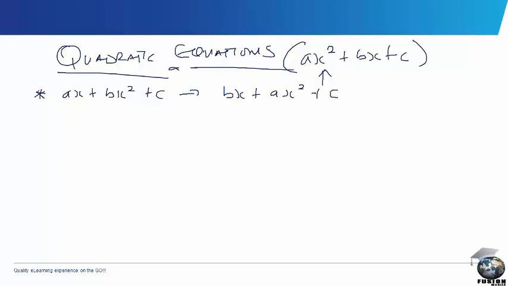Okay, so all you need to do is to arrange them. Remember, it is not yet an equation until there is an equality sign. It is just an algebraic expression if you have it in the form of ax squared plus bx plus c.